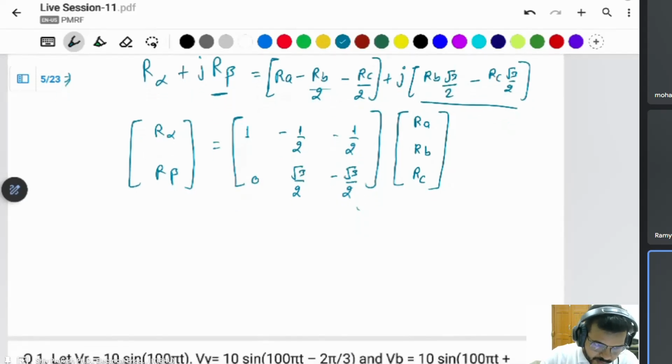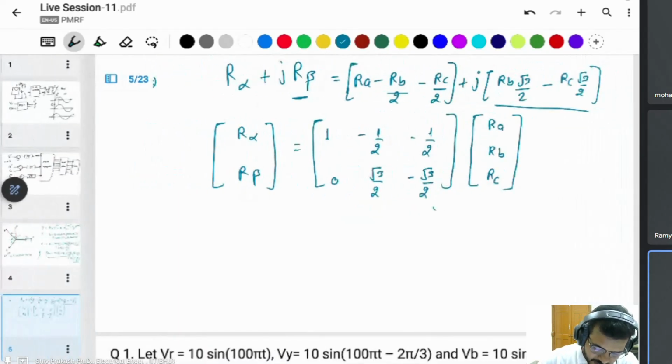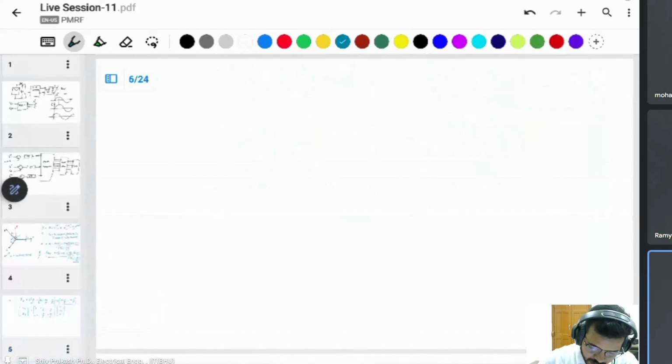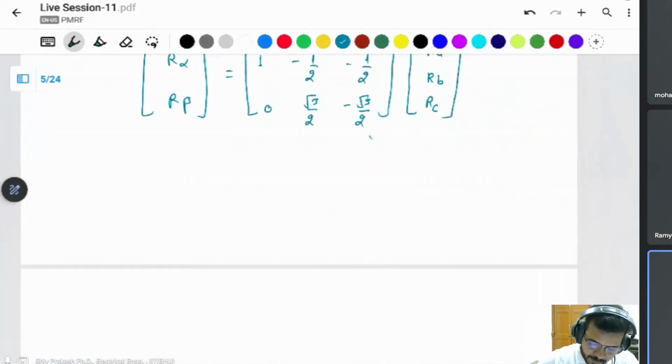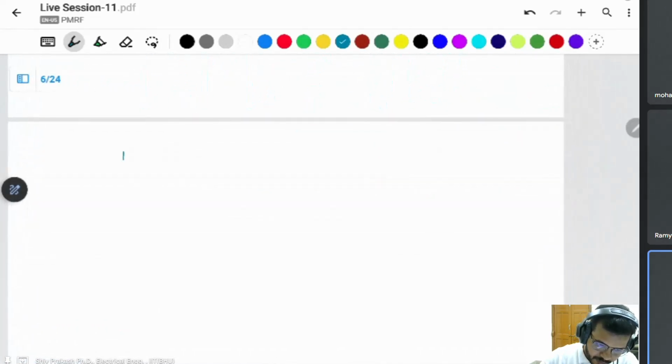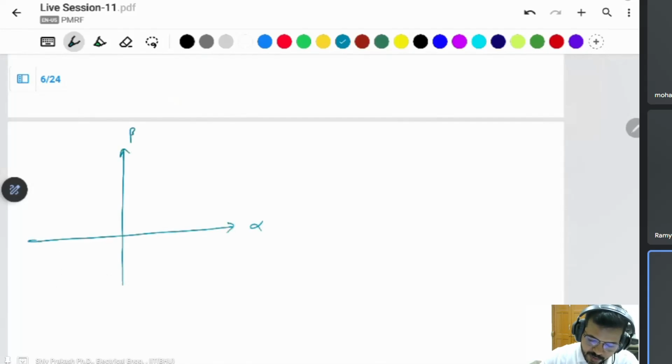Same thing if you want alpha beta to DQ transformation, that one is easier. You can take this alpha and beta part, the same two phase system. You can take it like a DQ system. So this is the D axis, this is the Q axis.